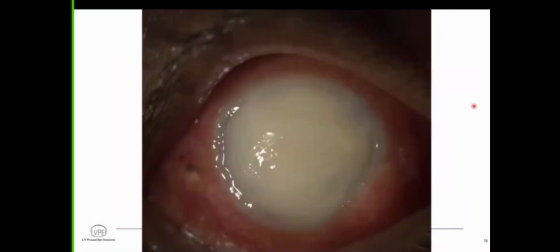So what about this? Can you make a diagnosis from this picture? Panophthalmitis. So this is a total infiltrate. The entire cornea has an infiltrate.